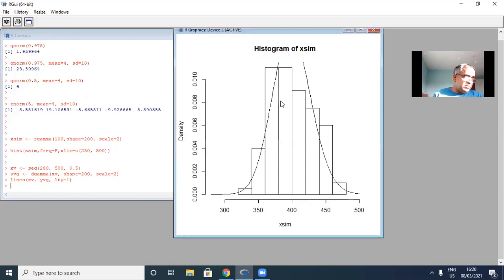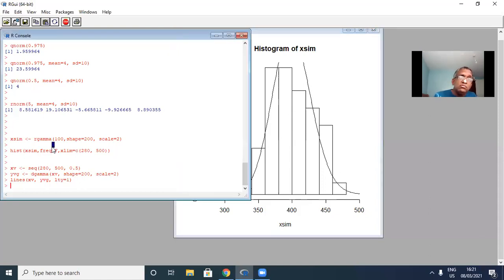As you can see, the density I have plotted captures the general shape of the histogram, as it should, because we generated a random sample from the gamma distribution and did a histogram of the generated data.